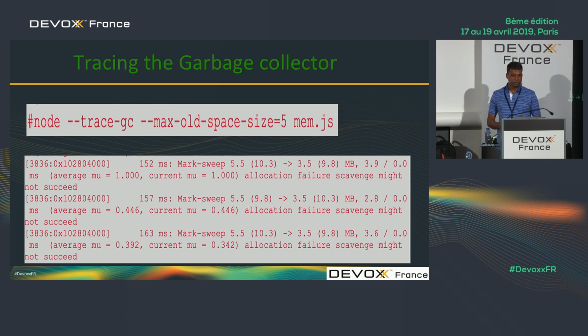Now because the JavaScript heap is so constrained, as and when the nursery heap is full, it was pushing the objects onto the tenured heap, and the tenured heap was getting full faster because the tenured heap itself is smaller now. And then I see the mark and sweep collector kicking in at 152 millisecond, 157 and 163 milliseconds respectively. The semantics do not change, everything remains the same. The number shows what is the memory before and what is the memory after.